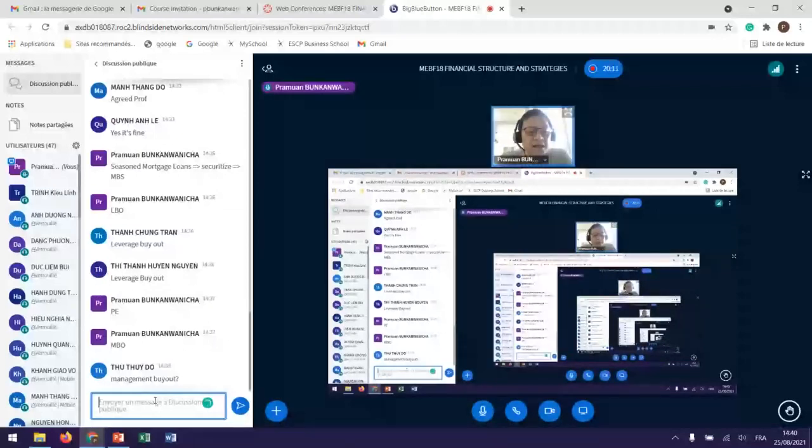Instead of being made by the PE firm, the group of the management team can make an offer and acquire the company where they work, from the existing shareholders. Okay, so this one we call the management buyout.